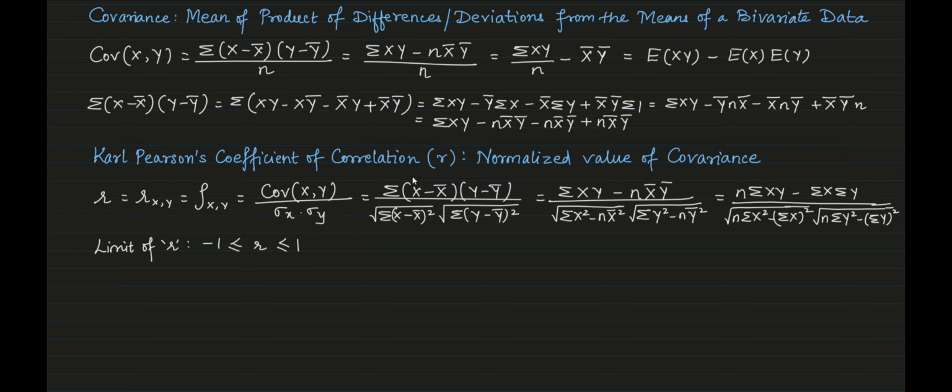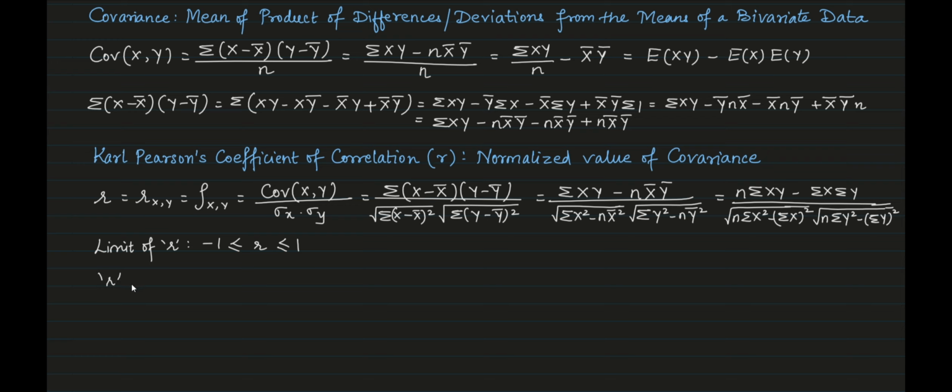If the value of r is 0, then there is no correlation; the variables are independent of each other. If the value of r is closer to 0 but positive, then there is weak positive correlation. Again, if the value of r is closer to 0 but negative, then there is weak negative correlation.